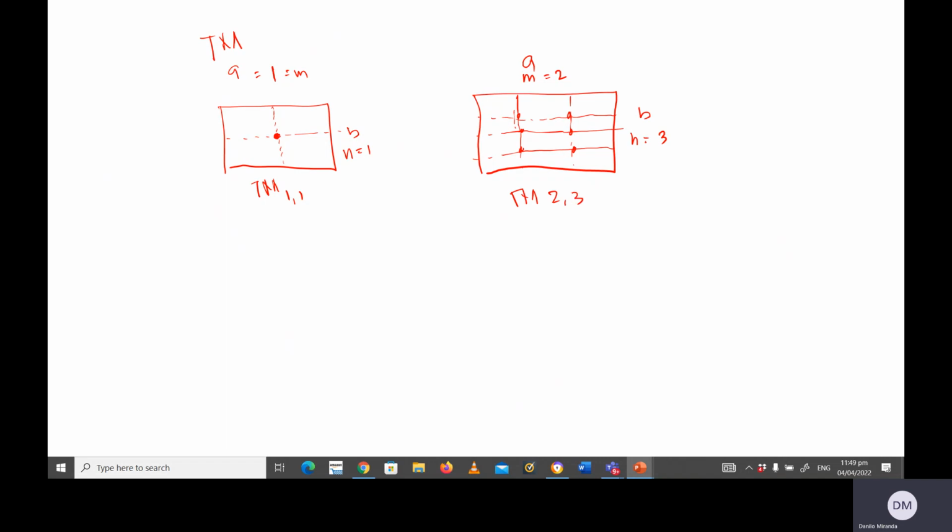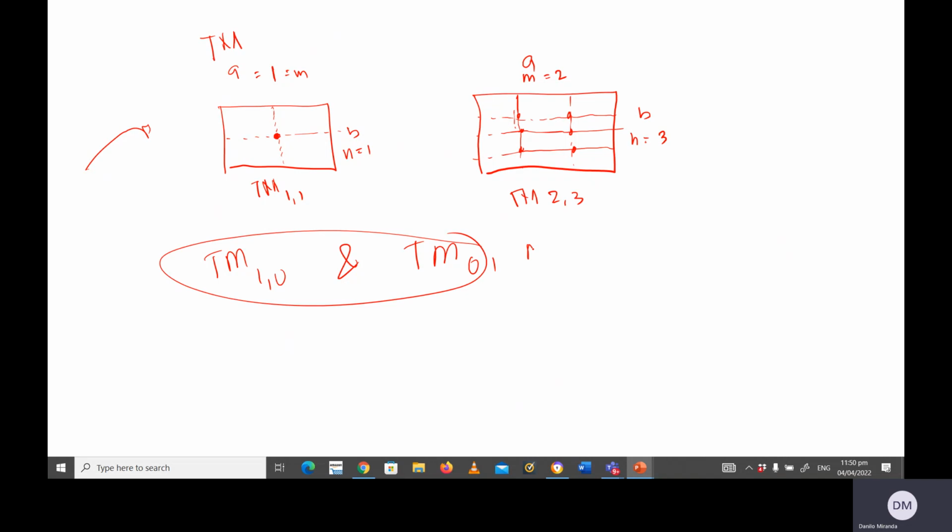Kaya imposible itong ano yan. Yung TM, kita mo 1, 0. Okay? Mahirap i-explain. No? Using this, TM 1, 0 and TM 0, 1. Okay? So they are not possible. Not possible. This kind of mode in rectangular waveguide.